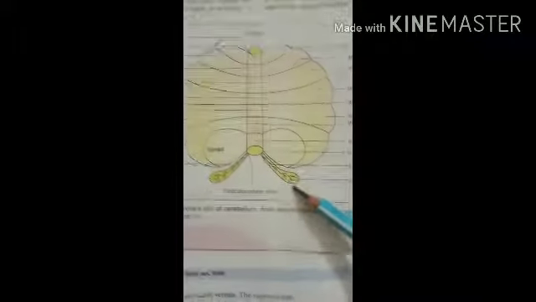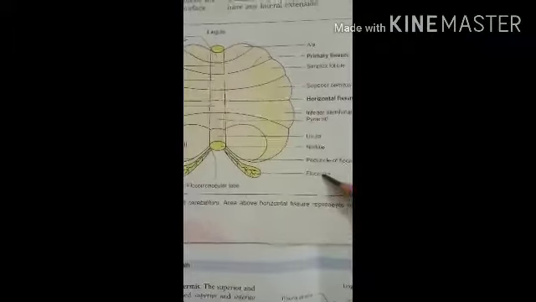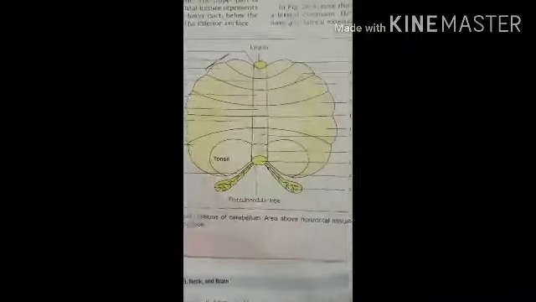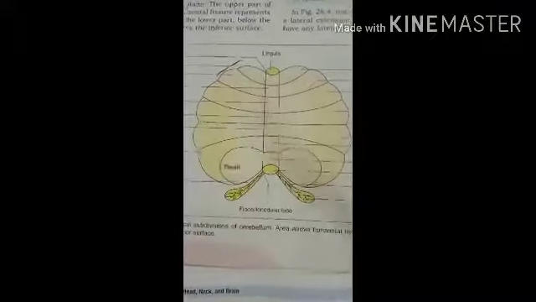Here you can see the flocculonodular lobe of the cerebellum, or the flocculus. Because of this fissure, it separates the cerebellum from the flocculonodular lobe.